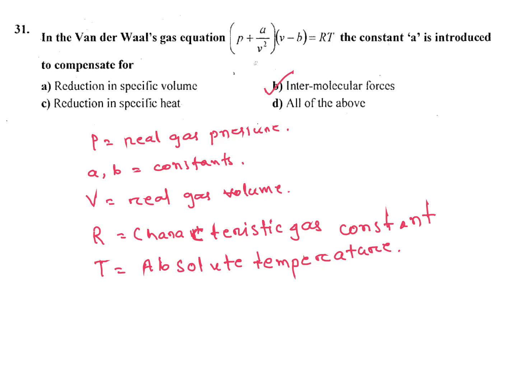The term P plus A by V square is the ideal gas pressure, and the term V minus B is the ideal gas volume.